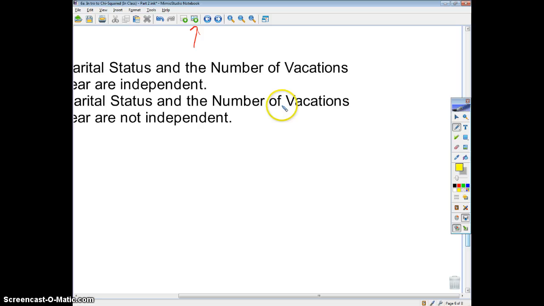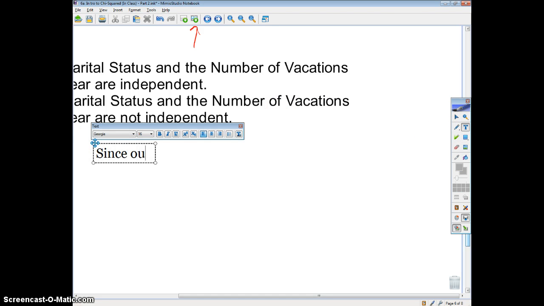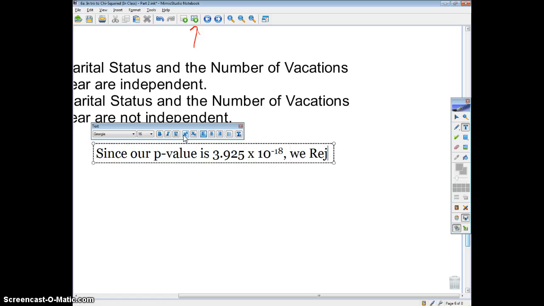So since our p-value is 3.925 times 10 to the negative 18, we reject the null hypothesis.